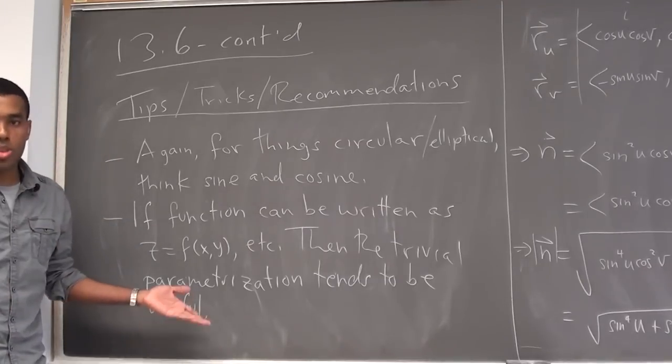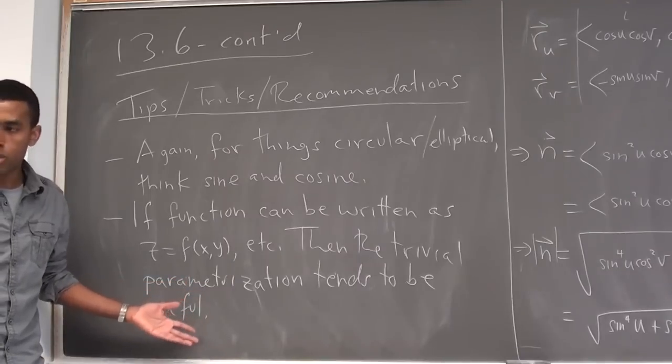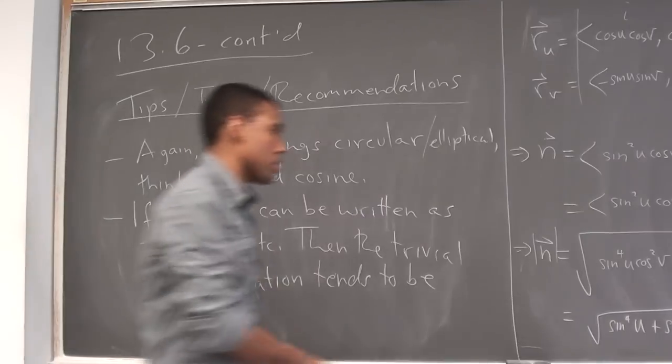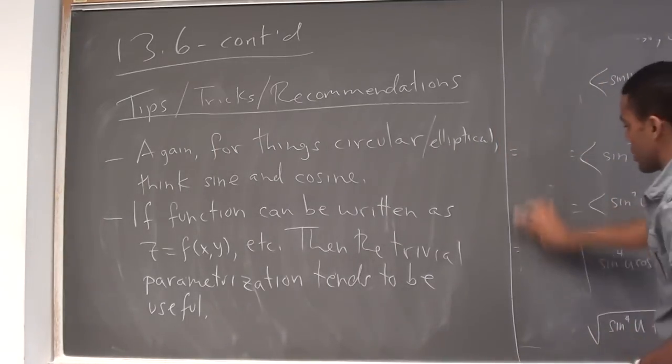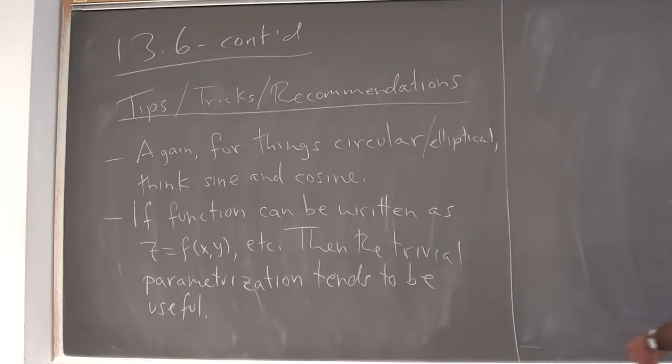Useful in the sense that it will give you less work. It will be less work to use it. And I'm going to give you an example of that later. I'm going to give you an example with a sphere, in fact.